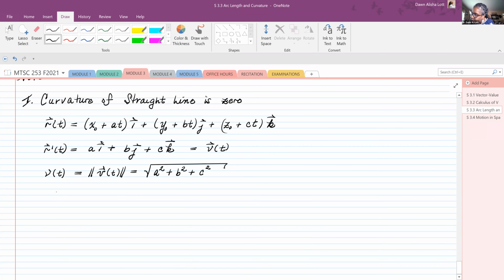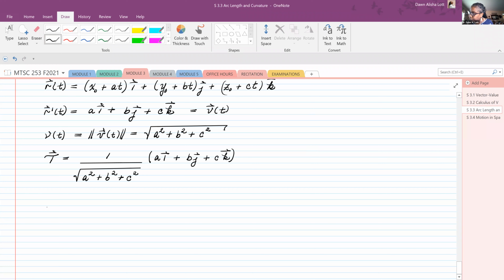So therefore the unit tangent T is simply 1 over that thing times v, which is ai plus bj plus ck. So notice the unit tangent vector is a constant.